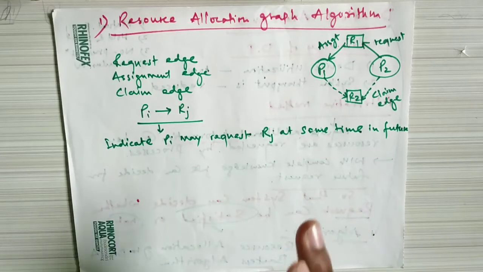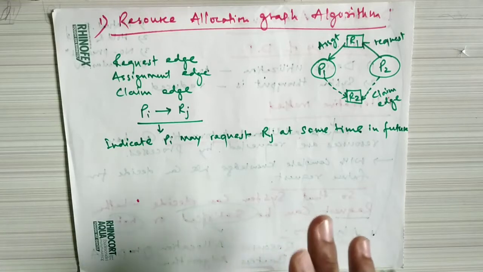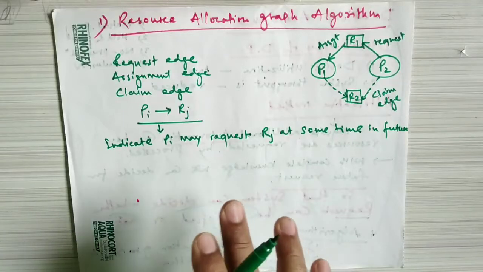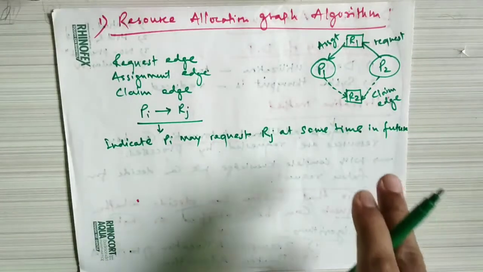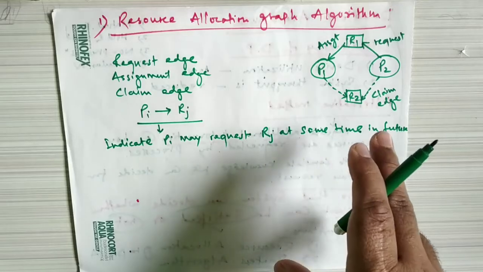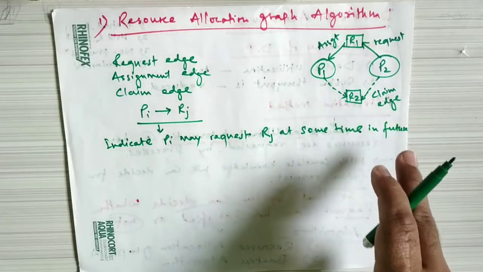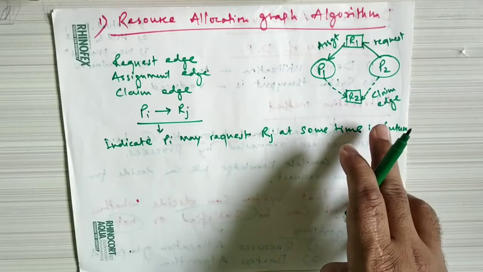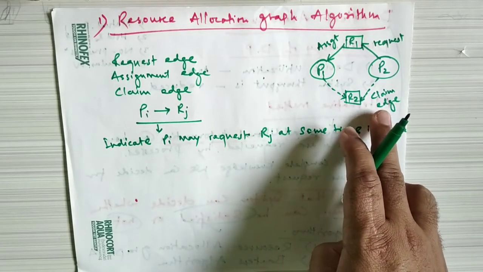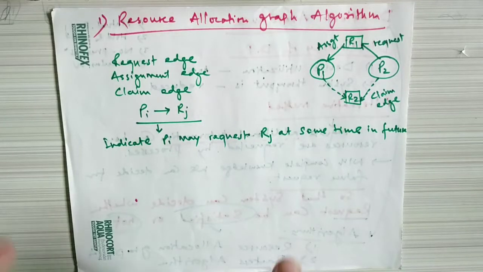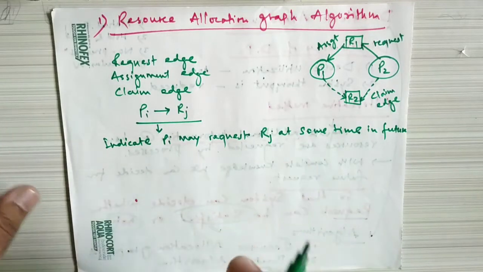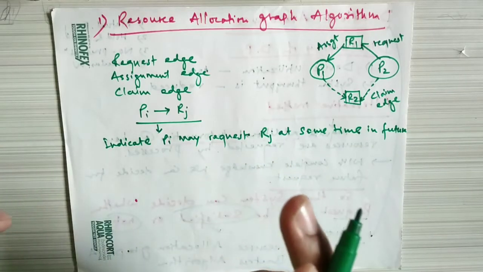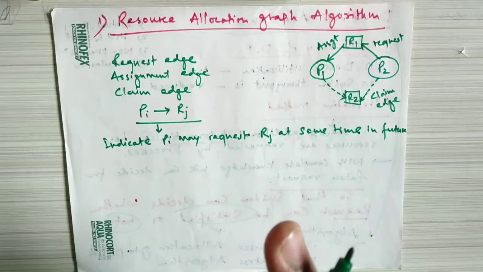When process Pi requests a resource, first try to understand: the journey starts with the claim edge. Whenever any process wants to request any resource, first of all it has to show it with the help of the claim edge. When the process requests a resource, the claim edge is converted into the request edge.